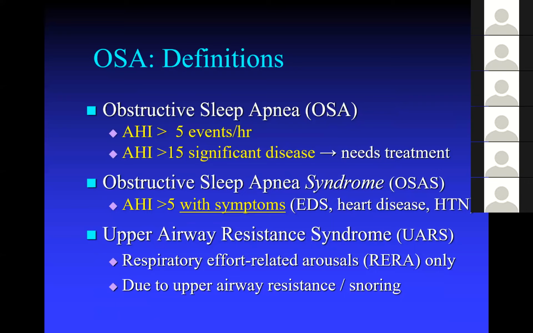Symptoms can include excessive daytime sleepiness, any kind of cardiac disease, hypertension, and in kids, sometimes you'll have hyperactivity syndromes, learning decrements, and so forth, and even increase in seizures and seizure disorders. Treat sleep apnea in kids who have seizures, and sometimes seizures will resolve because it aggravates the seizure.